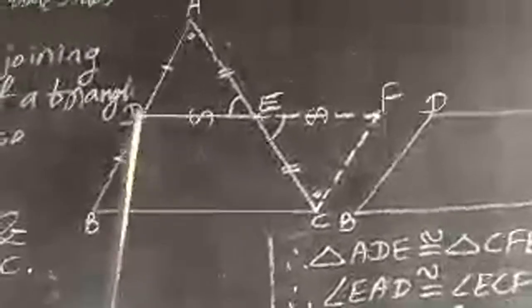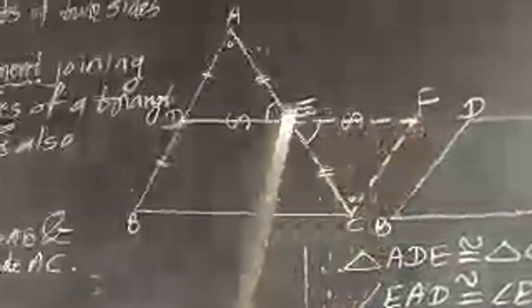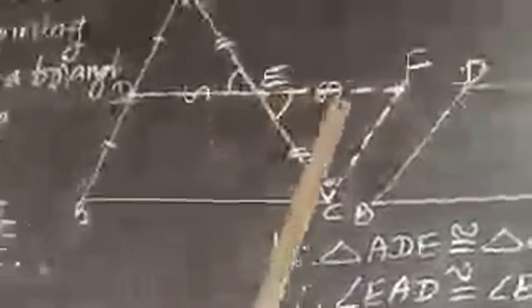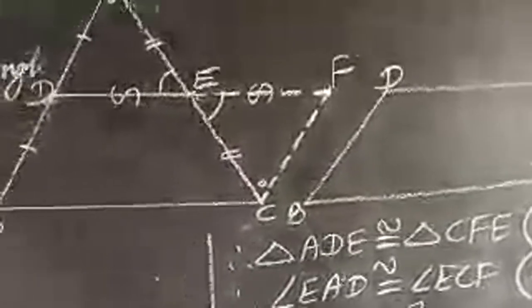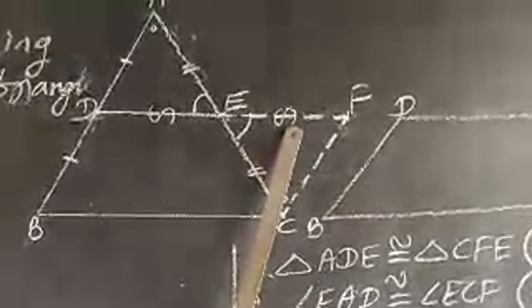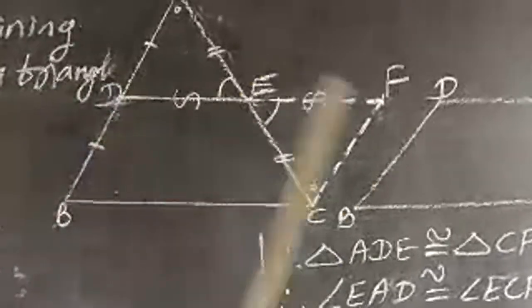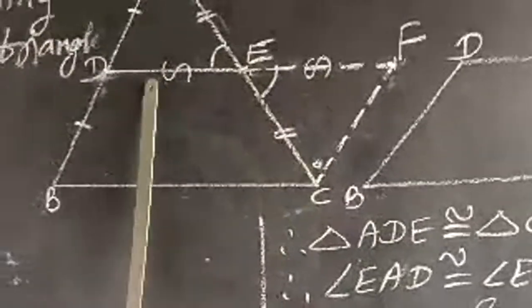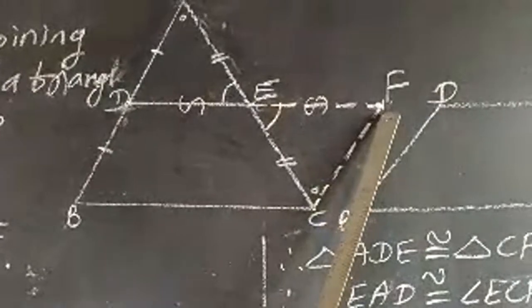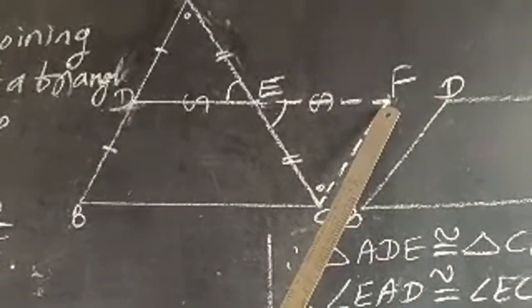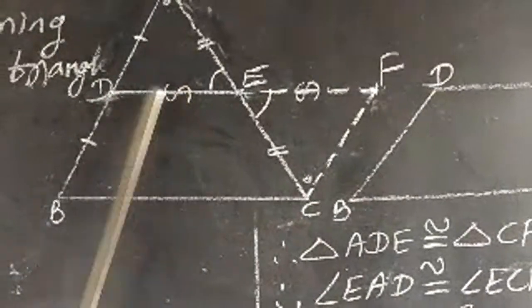We studied in detail only for this big segment. DF is made from two parts, DE and EF. Is it correct? DE and EF are congruent. Both parts are similar, and after joining both parts we get the big part, DF.